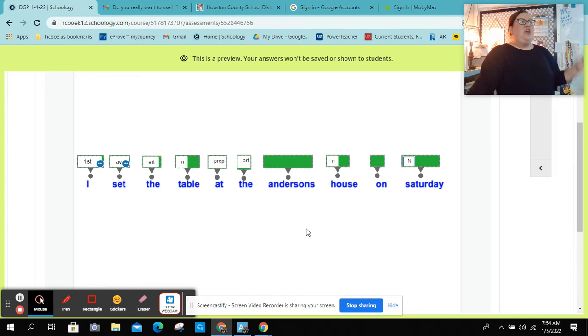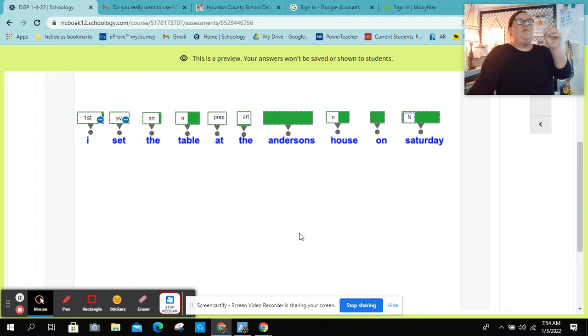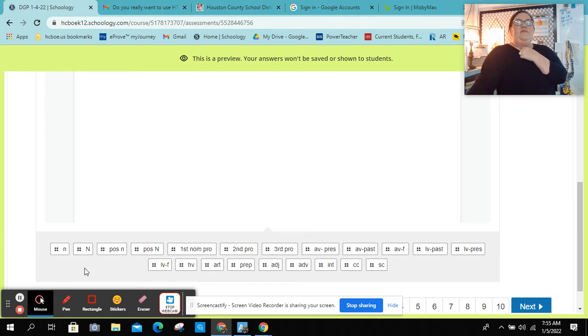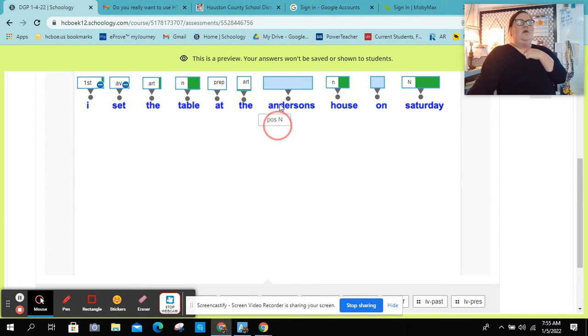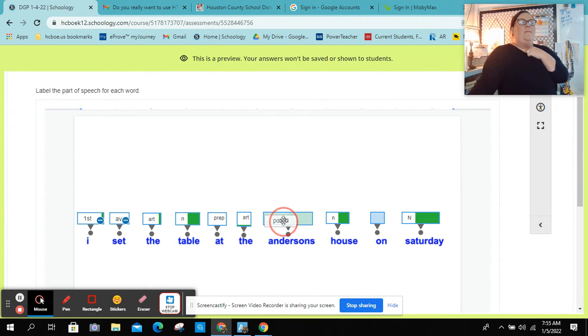When something shows possession, we indicate that with an apostrophe S, right? All right. And that means that this is what type of noun? Possessive noun. Now, is it going to be a POS little n or a POS big N? Big N. Why is it a big N? Because it is a specific person and it is a proper noun.